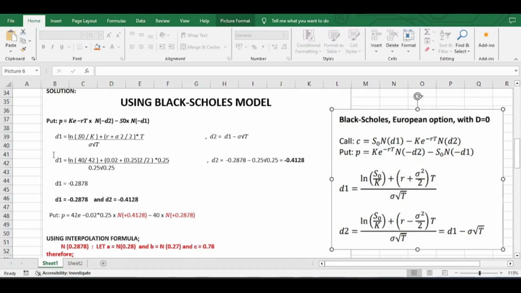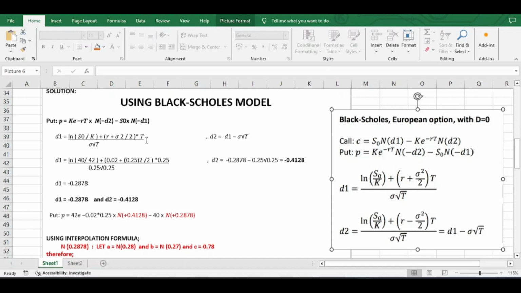To calculate D1, we will insert the values we have been given in the question. Replacing S0, your current stock price, 40, divided by the strike price, 42, plus the risk-free rate, 0.02, plus the volatility, sigma, 0.25, raised to the power 2, which means you have to square it, and divide it by 2.